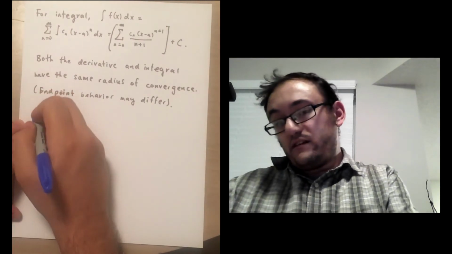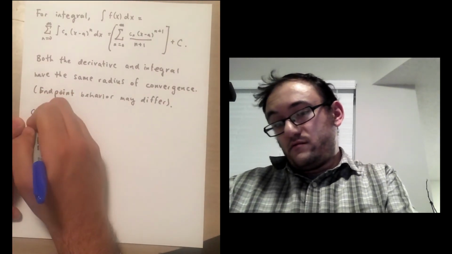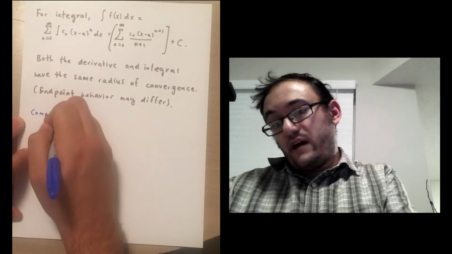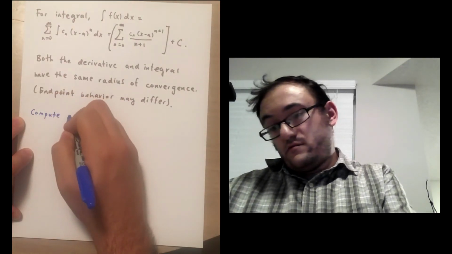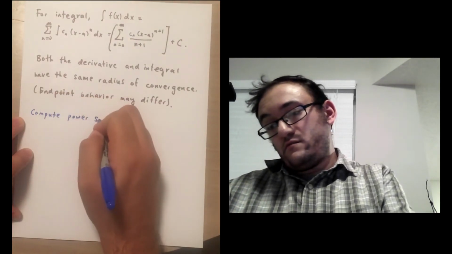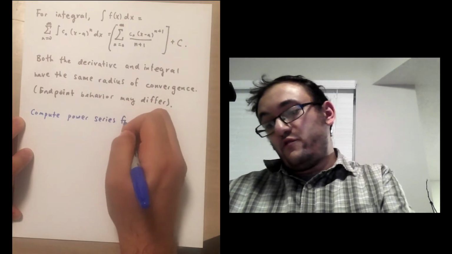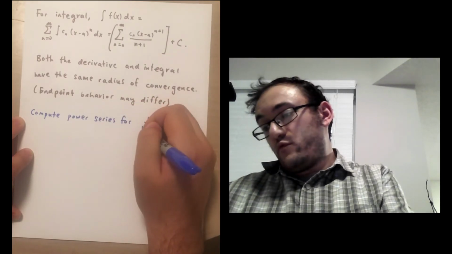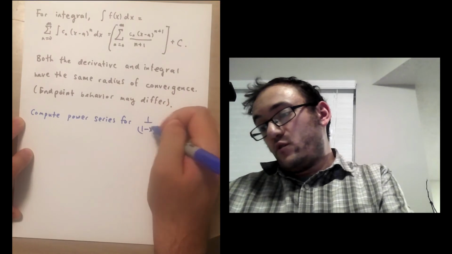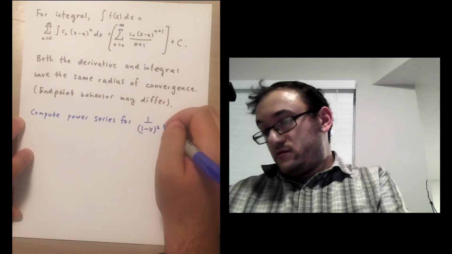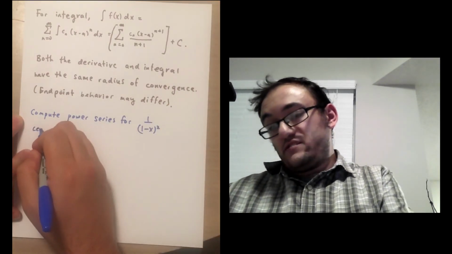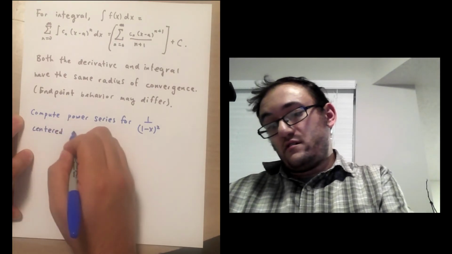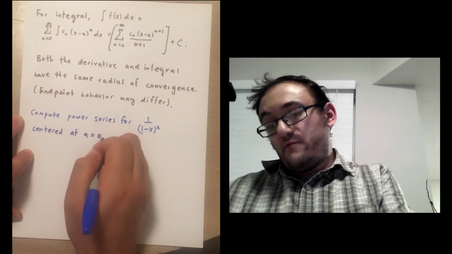So let's calculate or compute the power series for 1 over (1 minus x) squared, centered at a equals 0.